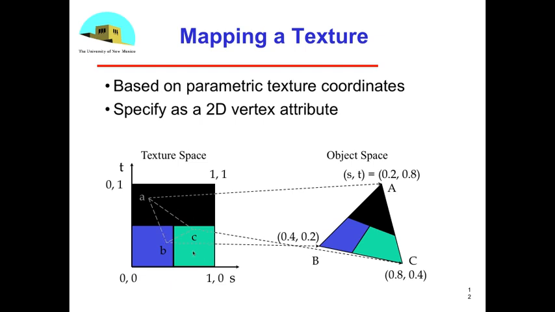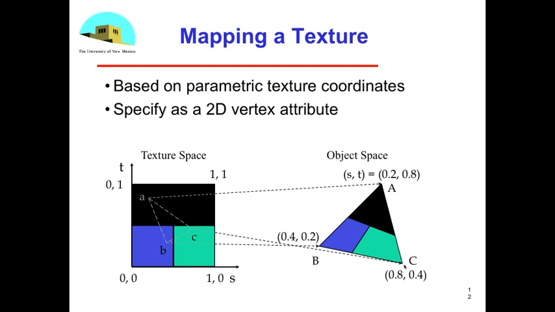Well, one way I can do that is to say assign to each of these vertices, which will have a location in XYZ space, a value in the texture space. So for example, if you follow this lower left corner of the triangle, if I assign it texture coordinates 0.4, 0.2, I'm assigning it this value over here in the blue space, where little b that you can see here.